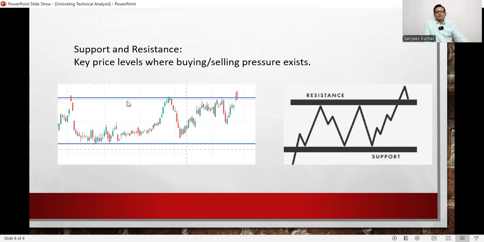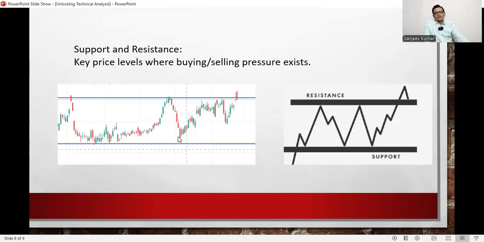And the opposite of resistance is support. Here is the support. When the share price is falling, here is some kind of support. What is the meaning of support? Why is this forming? Because here is some buying, someone started buying here. That is why the share price is not going down from here, and it moves upside.